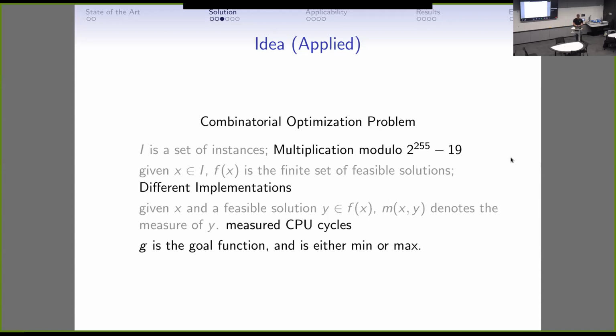Then we have our measure function, and in our case, we try to measure the CPU cycles which one particular implementation needs to take, and we try to minimize that measure of CPU cycles. So again, to summarize, we have multiplication, we implement that somehow, and we measure the CPU cycles, and we try to minimize that.